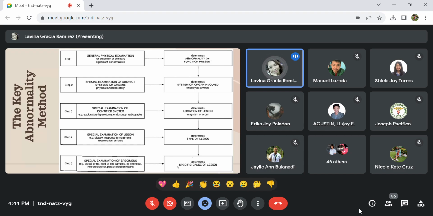And then the third one is special examination of the identified system. If the first is not enough, you might need to explore other means to identify a specialized system. You might use radiography, endoscopy, especially in problems in the kidney and heart, because the internal organs are not open.